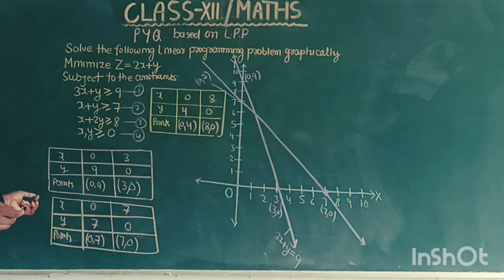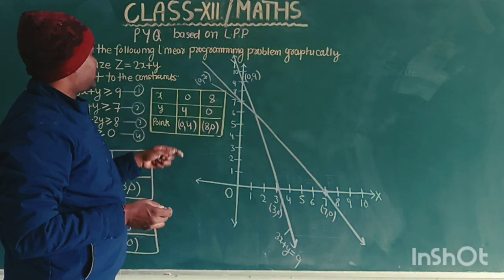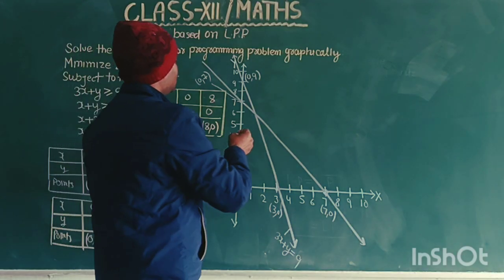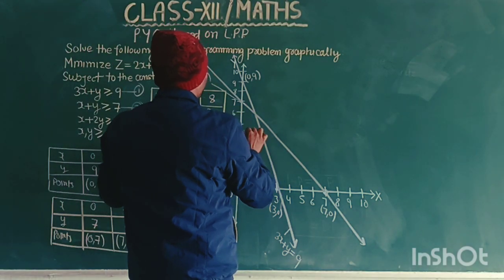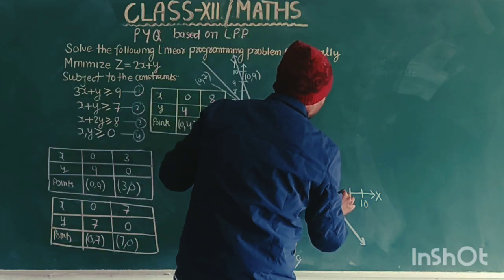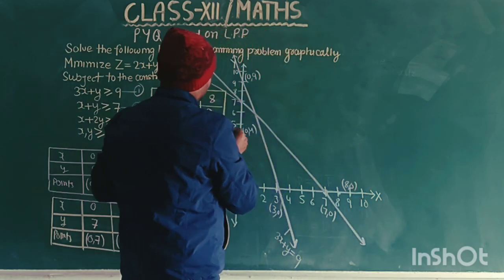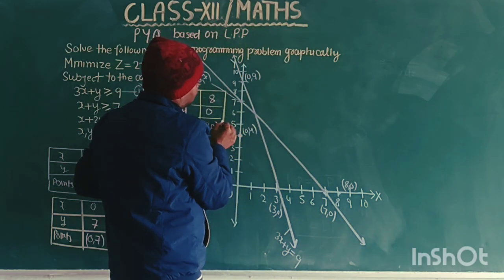The next ones are 0, 4 and 8, 0 for the third equation. This is 0, 4 and this is 8, 0. Now draw a straight line which contains both the points.